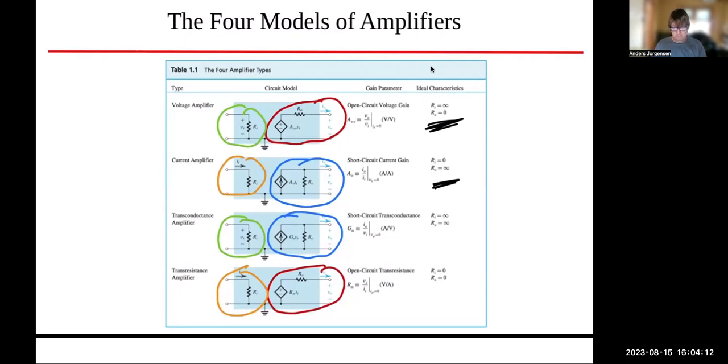And then you have to figure out what should be the As in order to give it the same output, okay? And there you can look at, what's the short circuit current on the output, and what's the open circuit voltage on the output, and you can match those up.